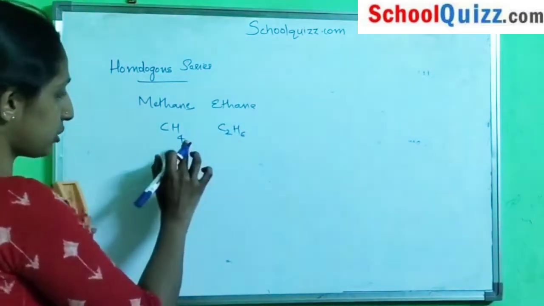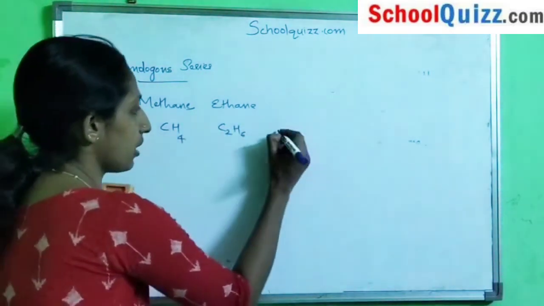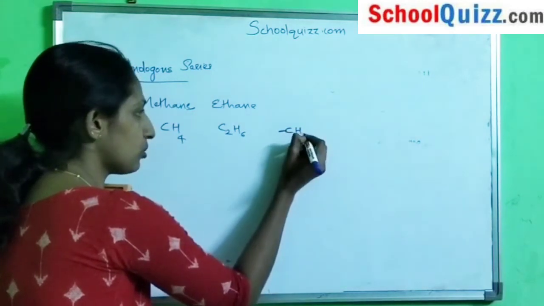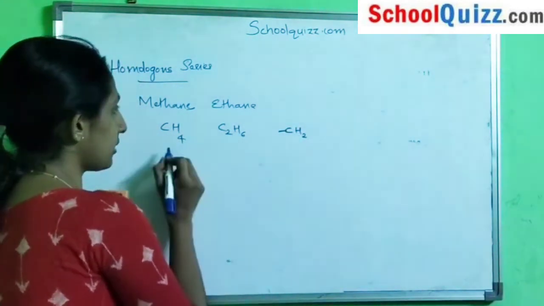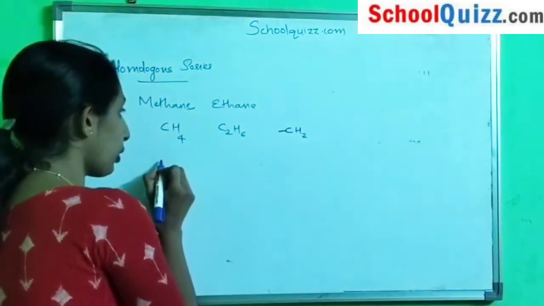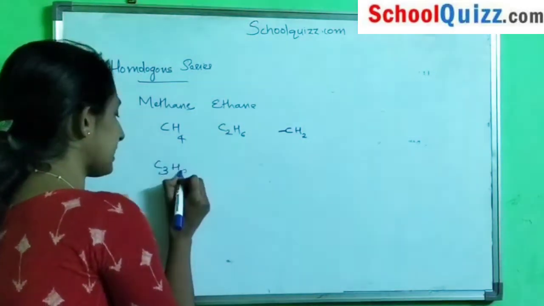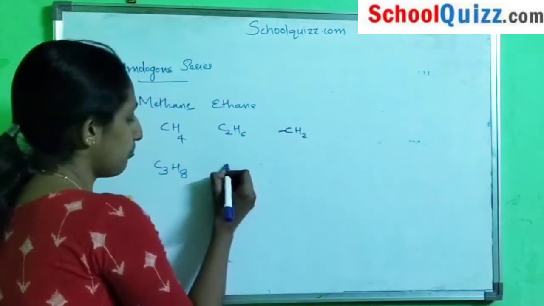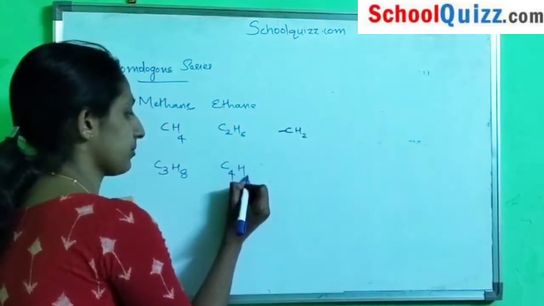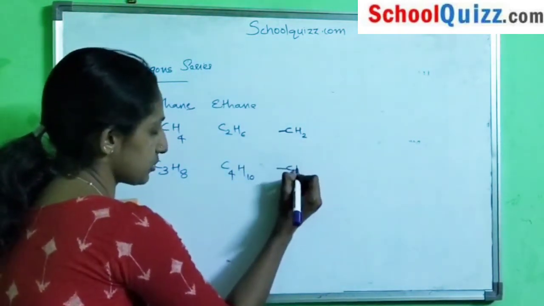What is the difference between these two? They differ by a CH2 unit. Next, take the three carbon compound, propane. Propane is C3H8 and butane is C4H10. It also differs by a CH2.